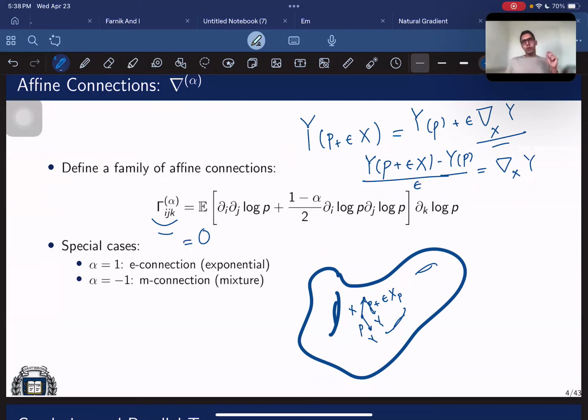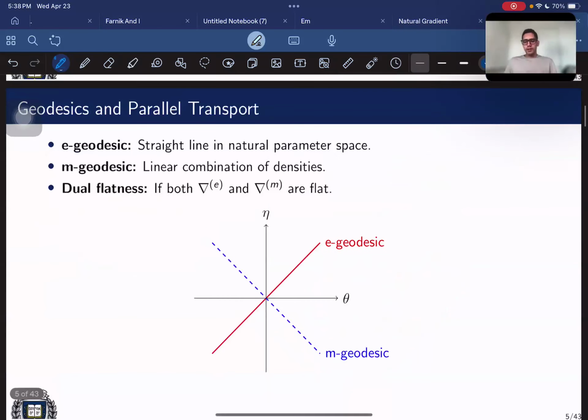So walking through different vector fields is like walking through normal Euclidean space. It's flat. And we found the geodesics there, which are the exponential parameters, and they're simply lines.